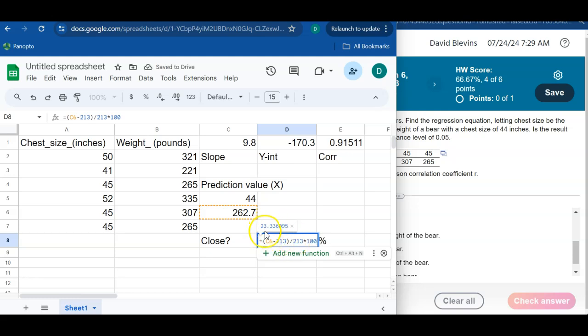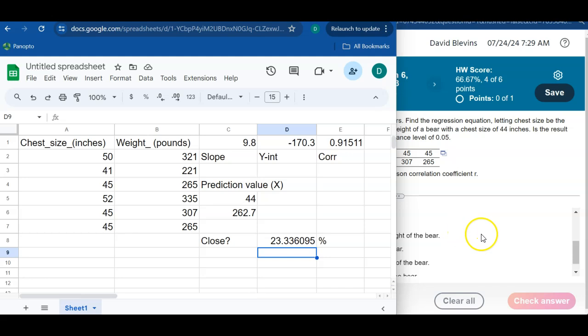Again, if the prediction is smaller than the actual value and this were a negative percentage, it's still the absolute value that must be less than 5%. So just ignore the minus sign, or put absolute values around it, because technically there is a sign in the calculation, but we ignore it. 23% is not below 5%.